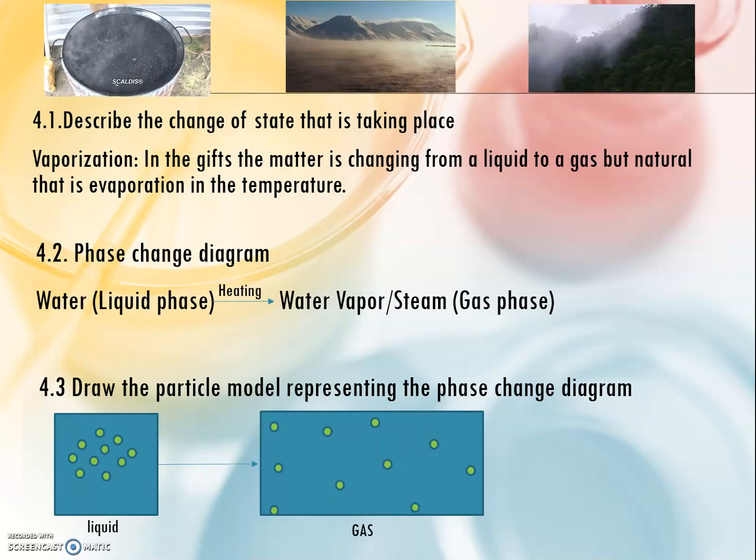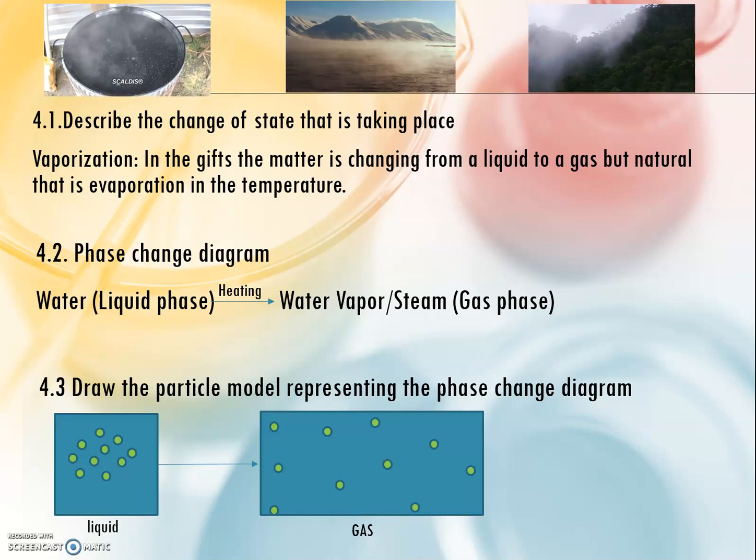Now, describe the change of state that is taking place. Vaporization. In the GIF, the matter is changing from a liquid to a gas, but naturally. That is evaporation at the temperature. Phase change diagram. Water, that is liquid phase, by heating transforms into water vapor, steam, gas phase, like the mist.